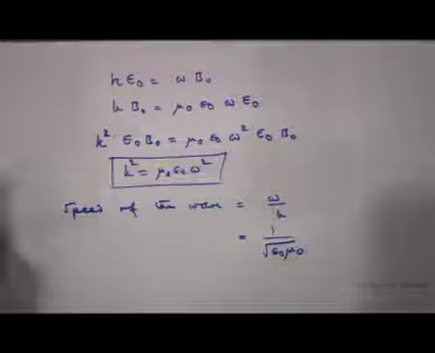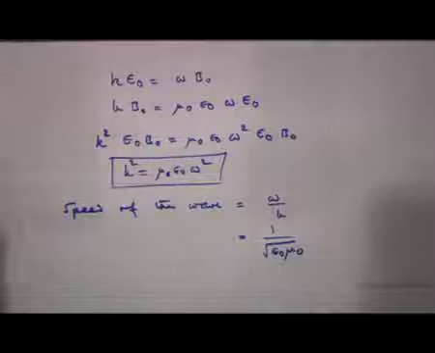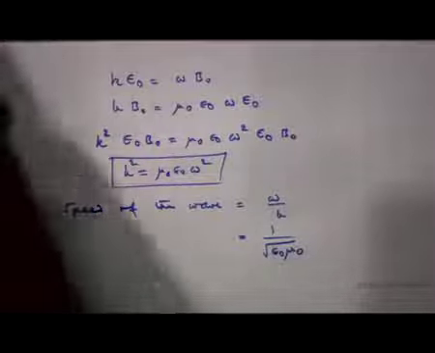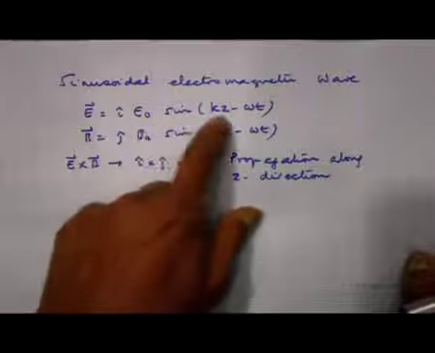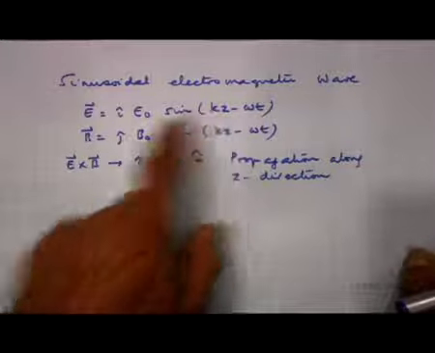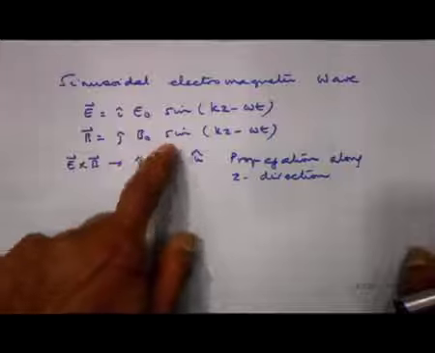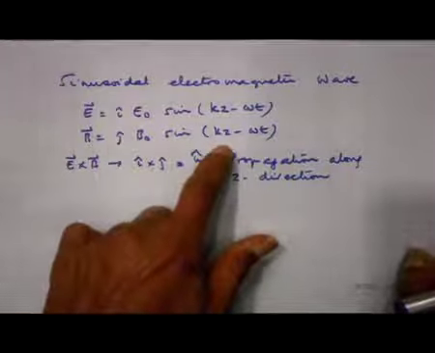What I have shown you is that I started with solutions of electric and magnetic fields in the form of a wave. Let me show you the slide again here. The electric and magnetic fields we had written in the form of a wave here. Electric field written as sine kz minus omega t, which is a wave propagating along the z direction. Magnetic field j b naught sine kz minus omega t, a magnetic field propagating as a wave in the z direction.